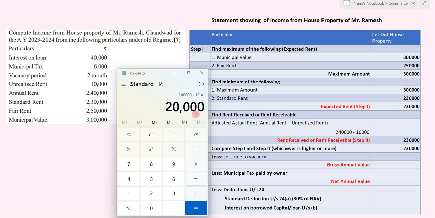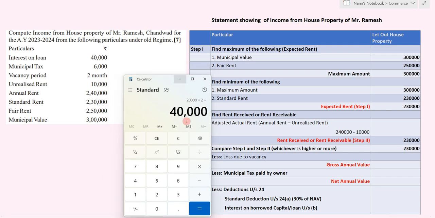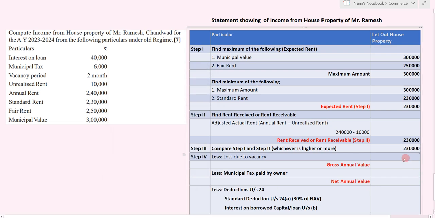So 20,000 is the per month rent. So for 1 month the rent is 20,000. So 2 months the house was vacant. So 20,000 multiplied by 2, 40,000. So 40,000 is the loss due to vacancy.